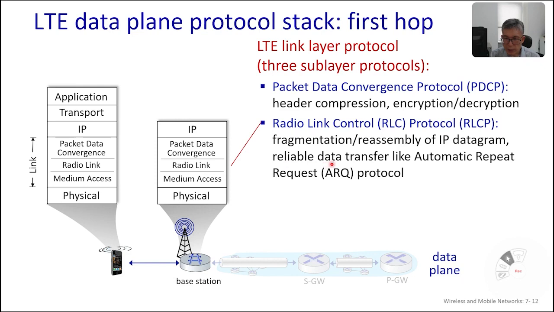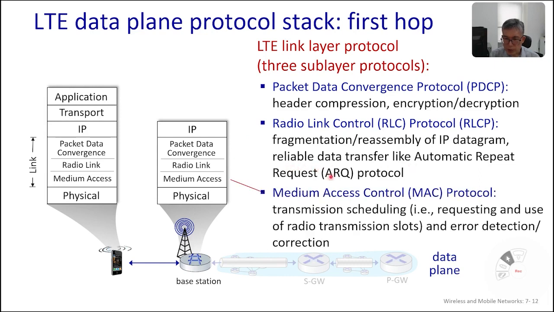It also provides reliable data transfer, like automatic repeat request, the ARQ protocol. If a packet is lost, acknowledgement and negative acknowledgement messages are used to handle the loss of packets.